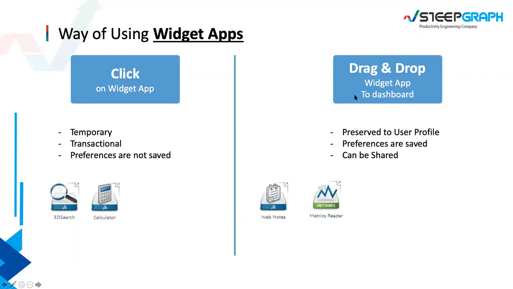So here it preserves preferences, which are saved and can be shared with other users as well. For example, you are taking some notes, or you are having a matrix reader. Matrix reader is nothing but the graphs and KPIs, those kinds of things, which should be used as drag and drop. So these are two ways you can do it, but it depends on the nature of the widgets. Not every widget can be just clicked and used. Some have to be mandatorily put onto the dashboard to use them.